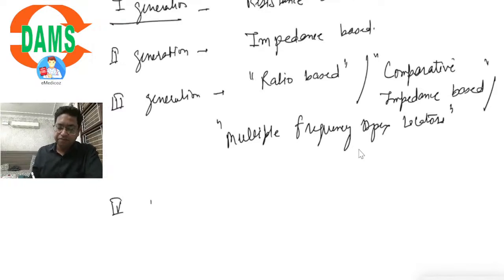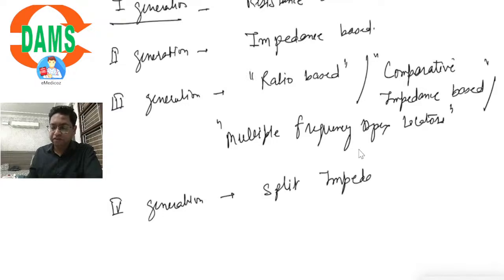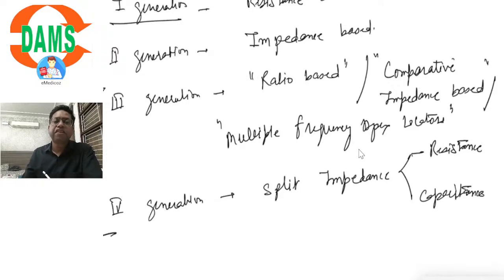The fourth generation splits the property of impedance, which is a physical property consisting of resistance and capacitance. In contemporary endodontic practice, the third and fourth generation are available. If the question asks about multiple frequency apex locators, the first choice answer would be third generation. If third generation is not in the options, you would stick to fourth generation. They are multiple frequency electronic apex locators.